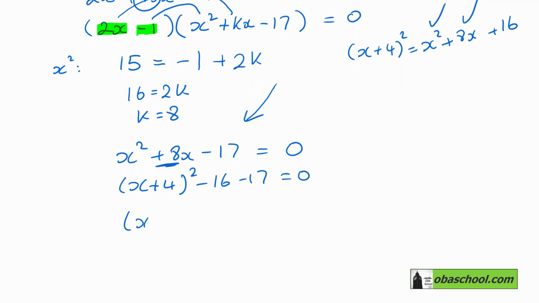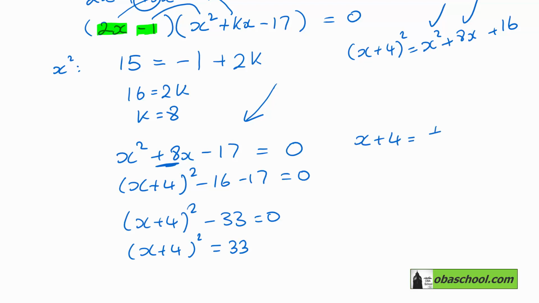And that's x plus 4 all squared, take away 33 is equal to 0. So x plus 4 all squared equals 33. And that means that x plus 4 would be equal to plus or minus root 33, so x is negative 4 plus or minus root 33.